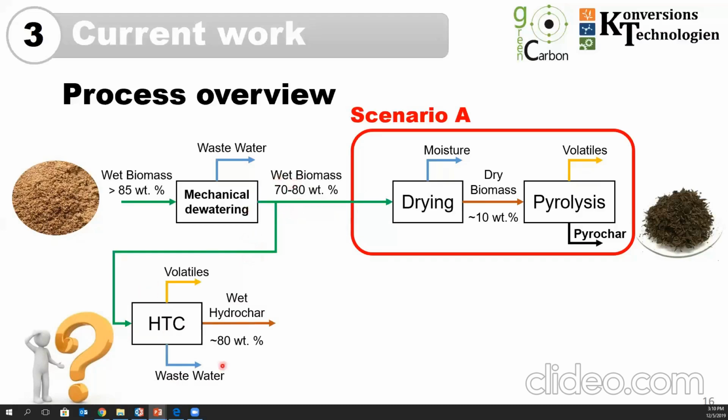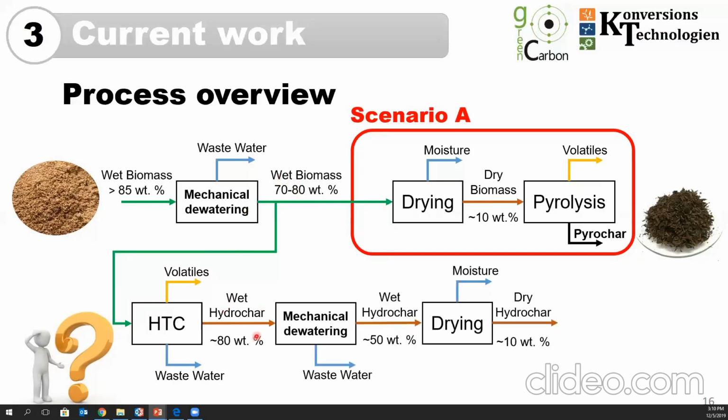In this process, we produce wet hydrochar, which has better hydrophobic properties. So it means that we can use mechanical dewatering again and reduce the moisture in the char to 50, maybe 40%, also depending on the technology used.